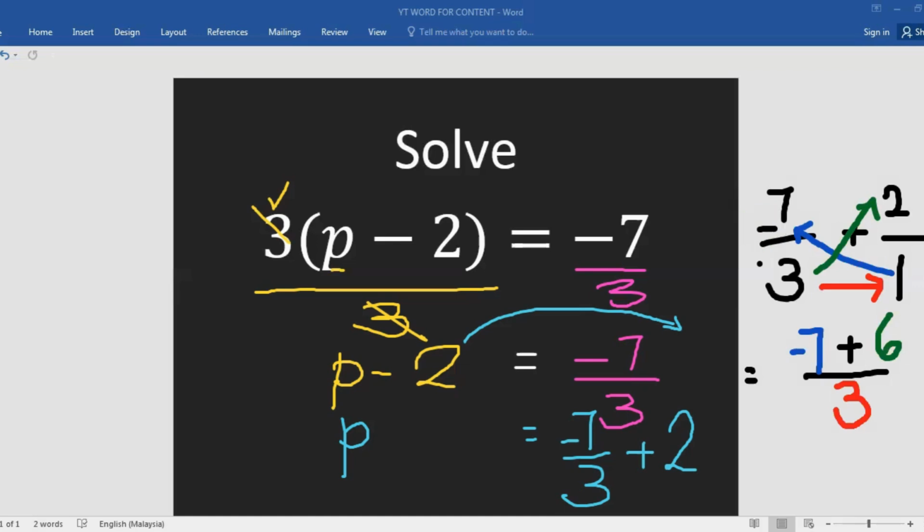Negative you consider on the above. Okay, negative 7. So negative 7 plus 6 is, of course, no other than negative 1, over the denominator 3. So the answer is negative 1 over 3.